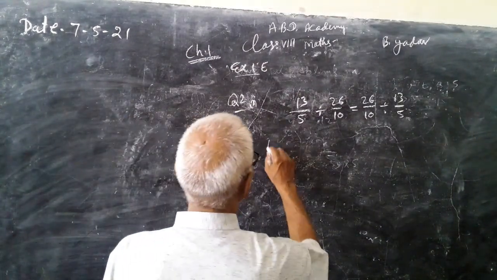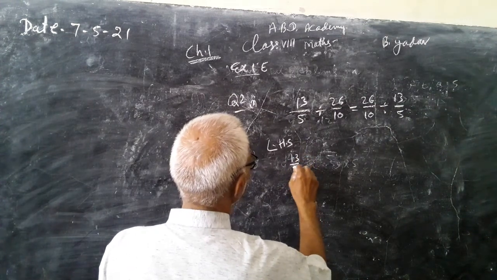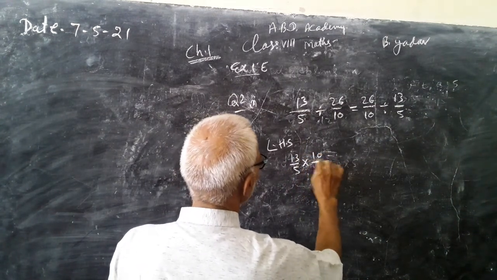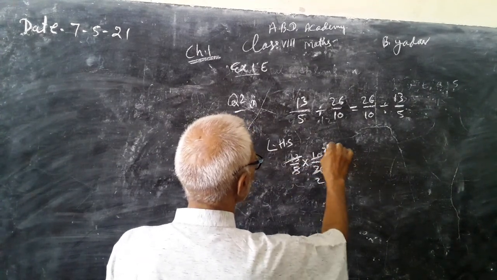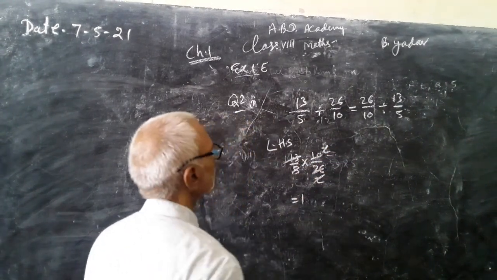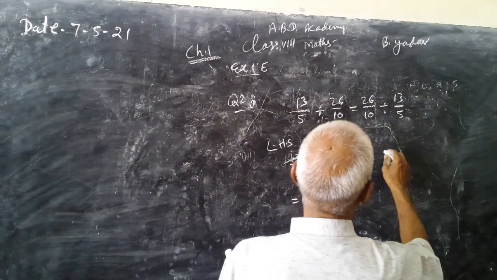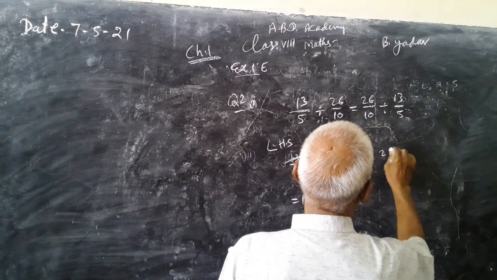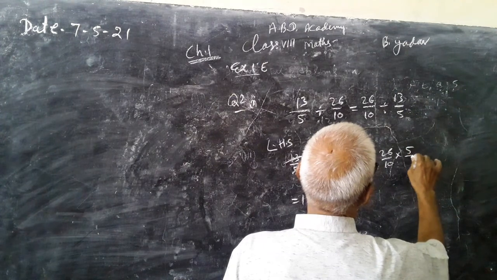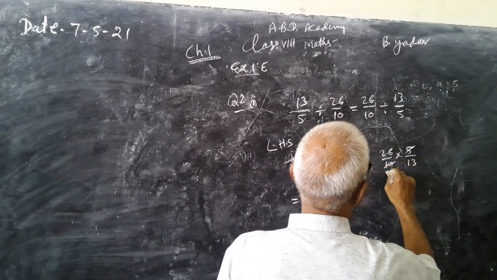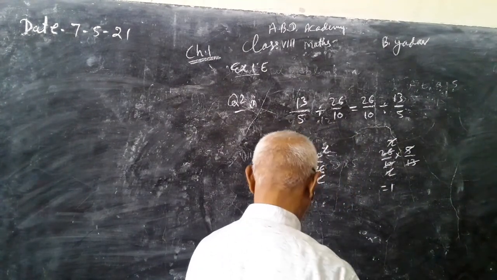See the example. Left hand side is equal to 13 by 5 into 10 by 26. 13 2s, 5 2s, left hand side comes once, 1. See the right hand side: 26 by 10 into 5 by 13. 5 1s are 5, 13 2s are 26, this also comes 1.